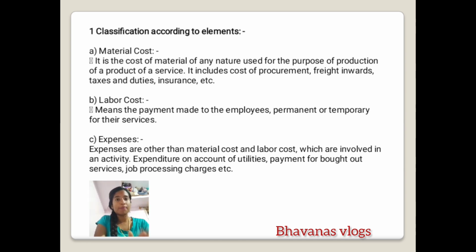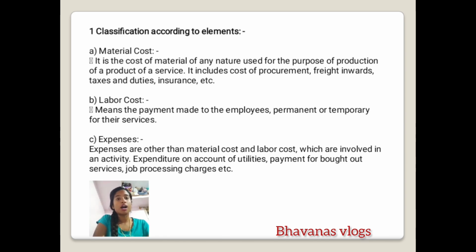Next one is labor cost. Labor cost means payment to the employees, the wages or salary given to the people who worked for this product in the organization or in the business. Next, other expenses.